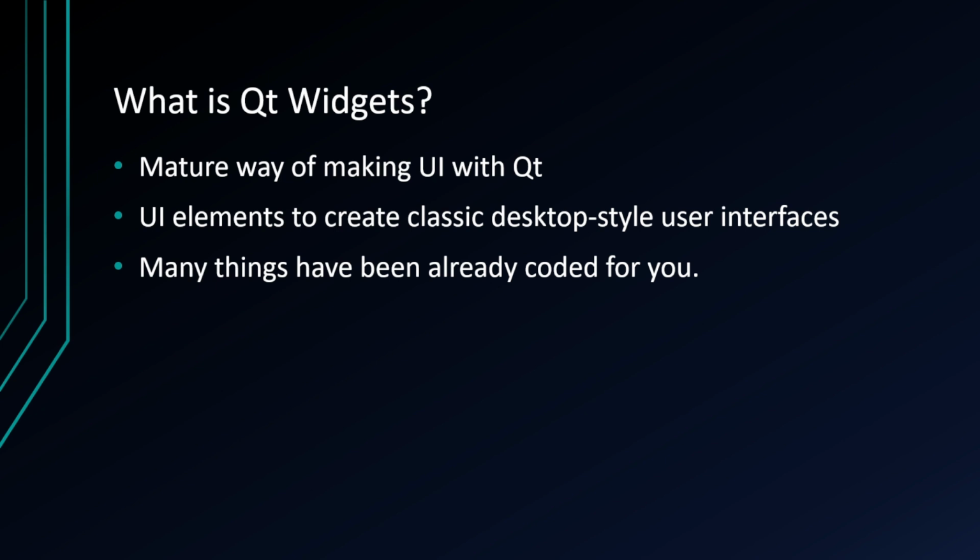Mostly, widgets are general, and many things have already been coded for you. But this approach also has such disadvantages as difficulty in styling and animating, horrible-looking widgets on mobile platforms, and fewer opportunities to make something unique rather than just a classical-looking application.